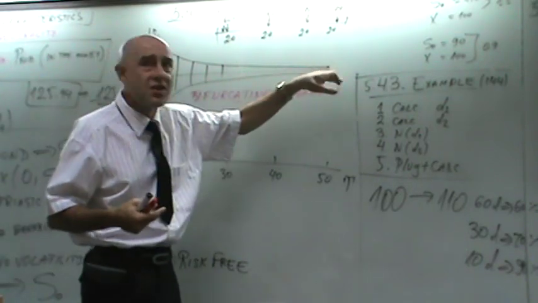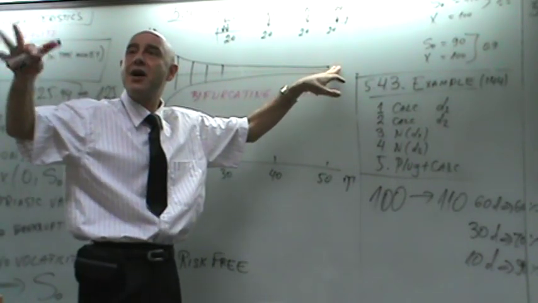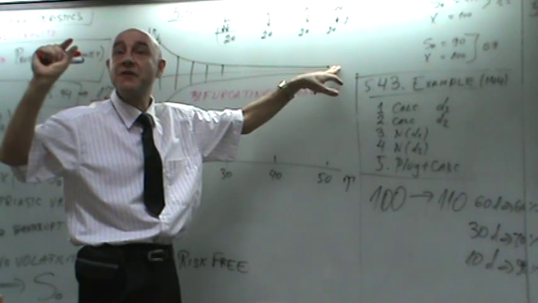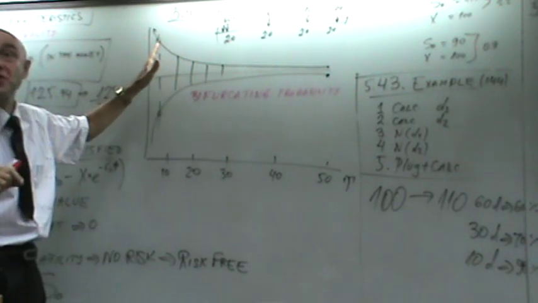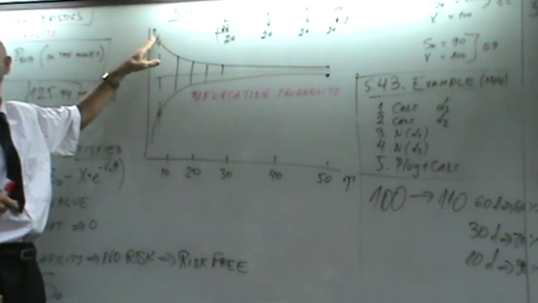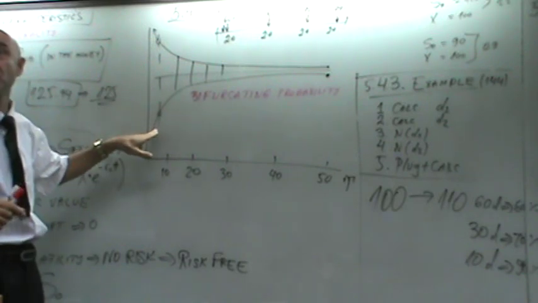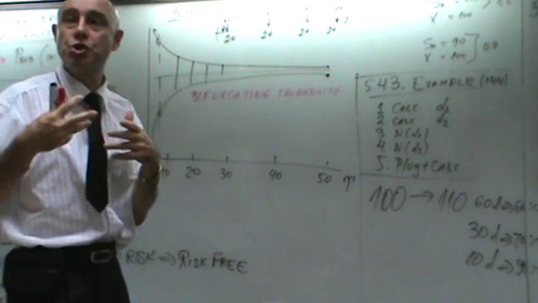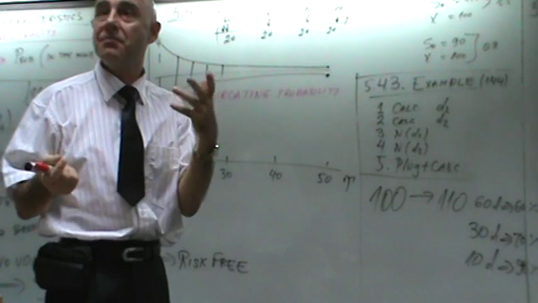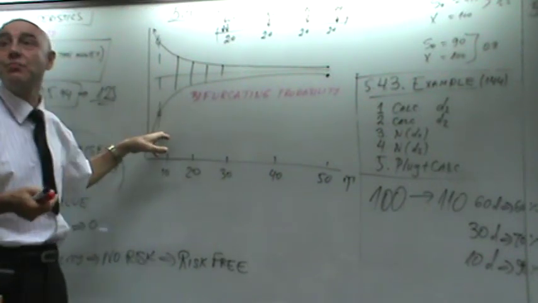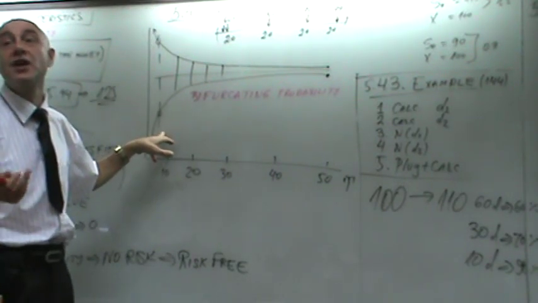So with a long time, the chance of out of the money is close to 50%. But as you move closer, you're moving either to 0 or you're moving to 1. You get more sure that you're gonna make money, or you become more sure that you're just gonna lose money.